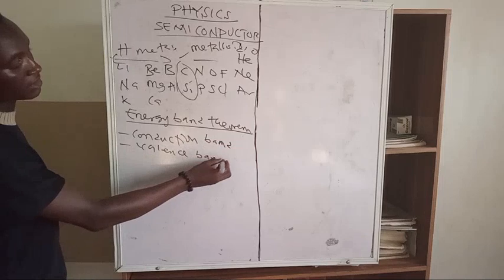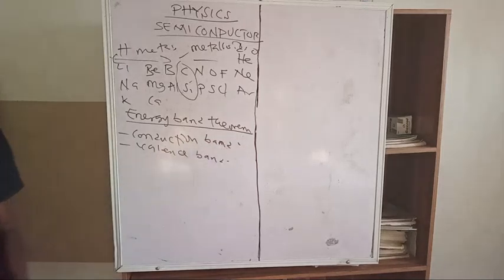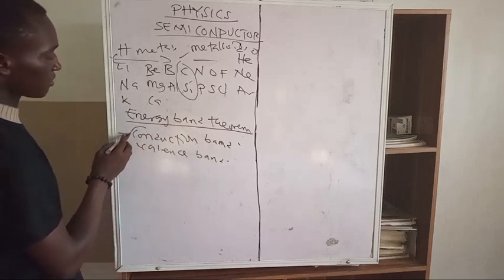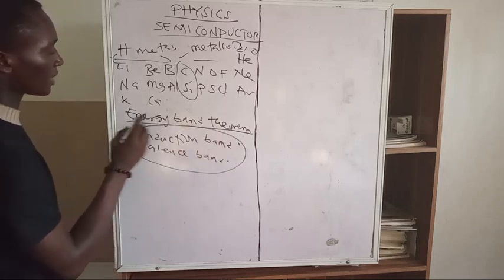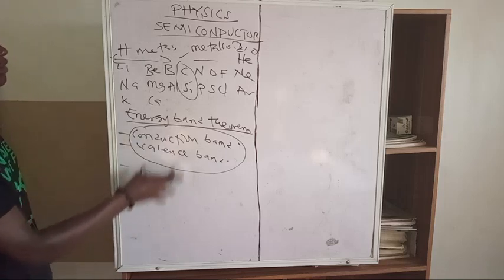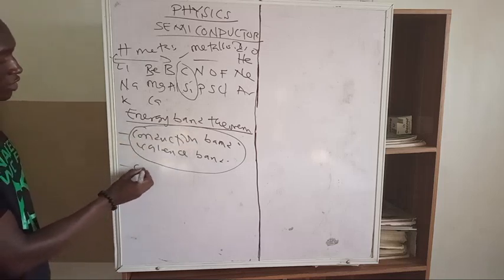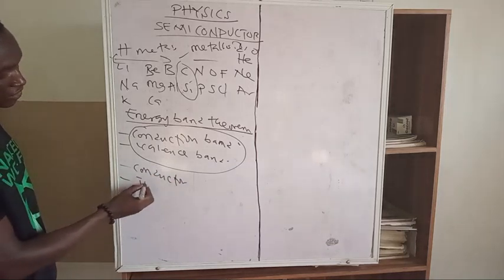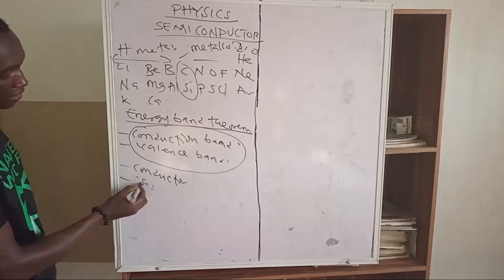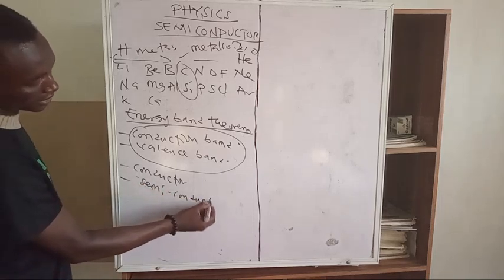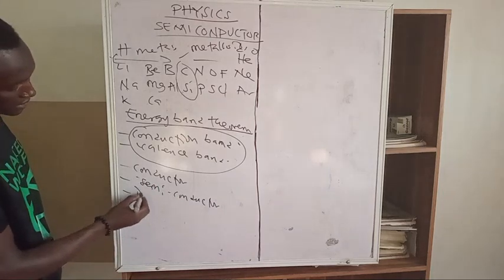We have the conduction band and the valence band. What is the effect of these two bands in a conductor, number one, in a semiconductor, and also in an insulator? That is the next thing we want to look at.